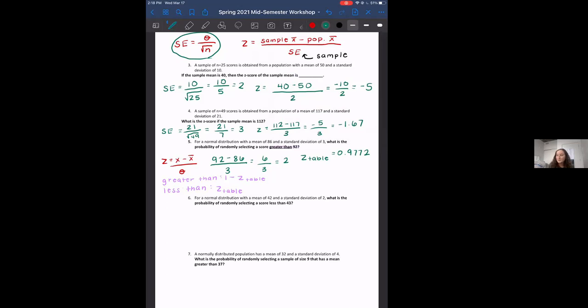All right, so let's do it with this one. It says greater than 92, so we should do what? Subtract, yes. So we're going to do 1 minus 0.9772. Can anyone tell me what that is? 0.0228.